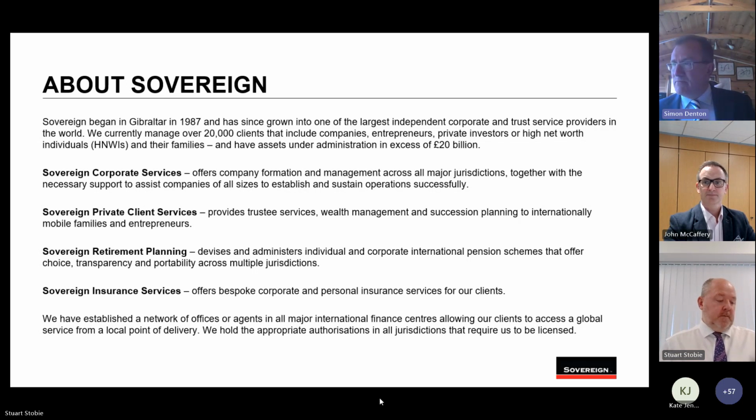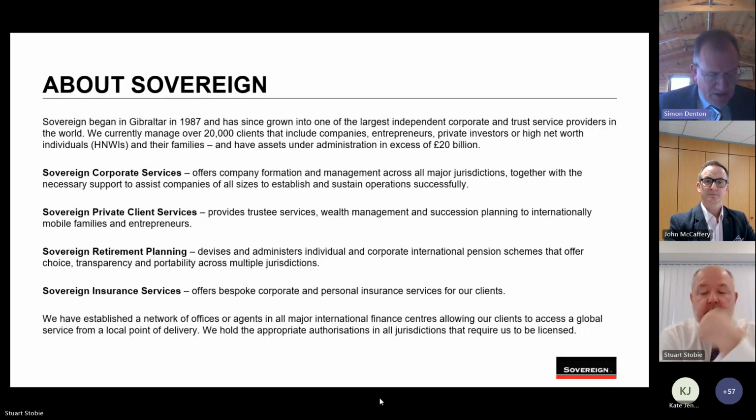There is also an element of international retirement planning, which tends to go hand in hand with persons leaving their home country, like the UK, into different jurisdictions.